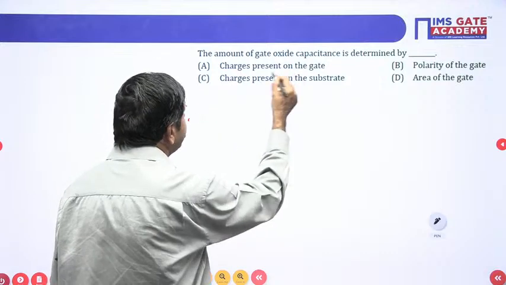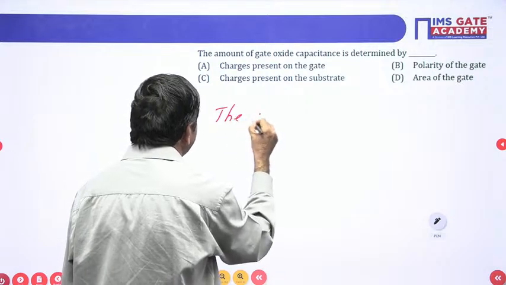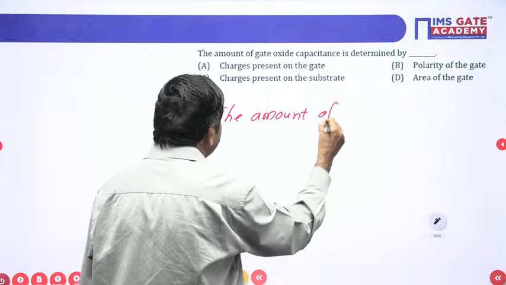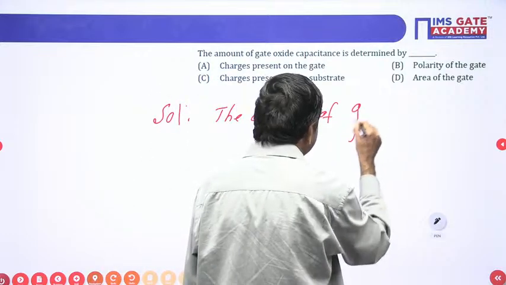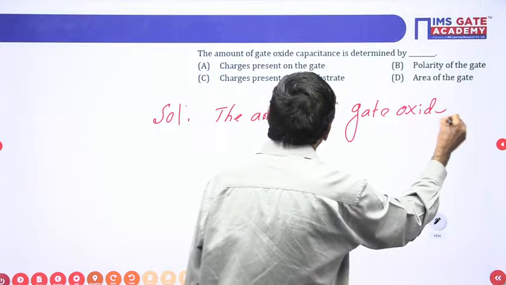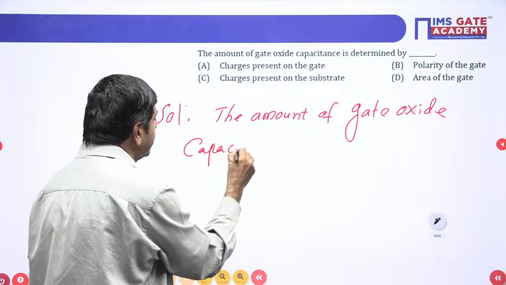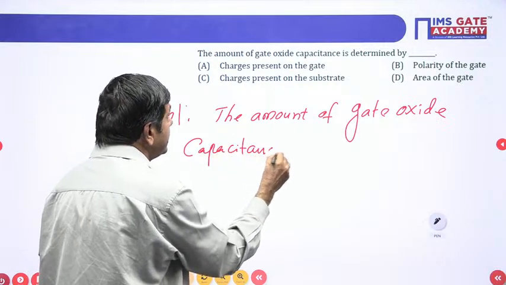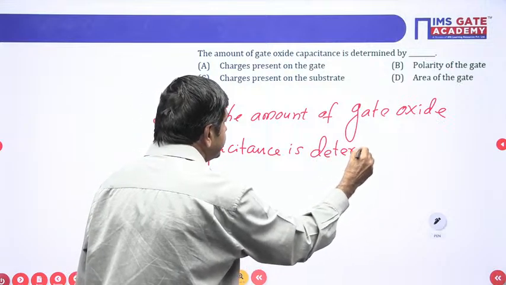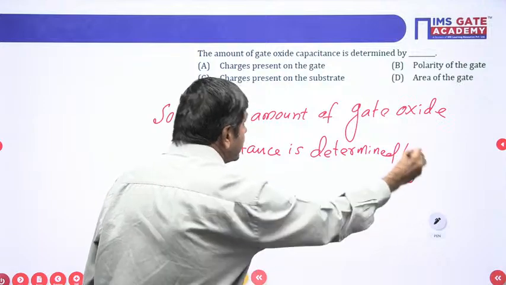The amount of gate oxide capacitance is determined by the area of the gate only.